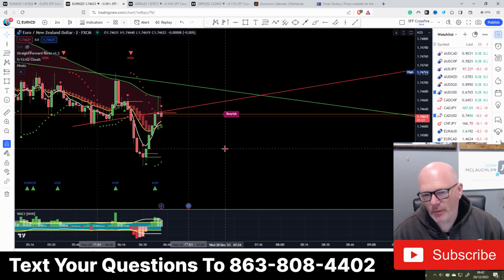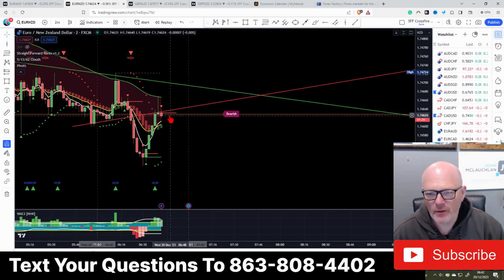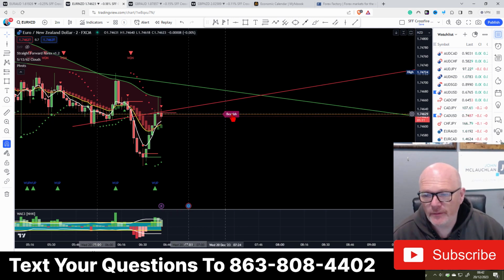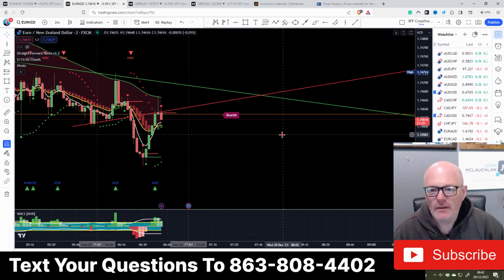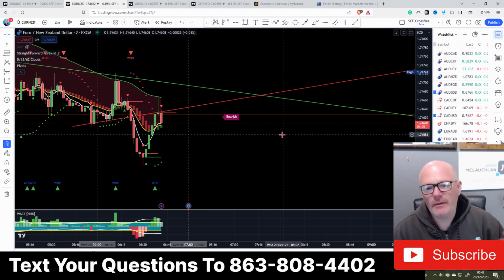Once the price breaks out and separates from the trend line with clear air, and also the pivot line, that's when you can say, okay, now it's free to do its own thing. We're currently a minute left on this time frame, so this price could do anything.